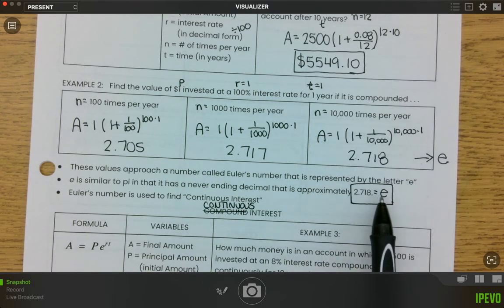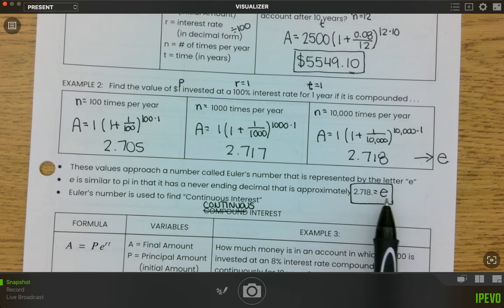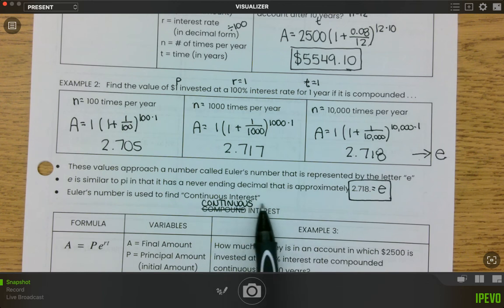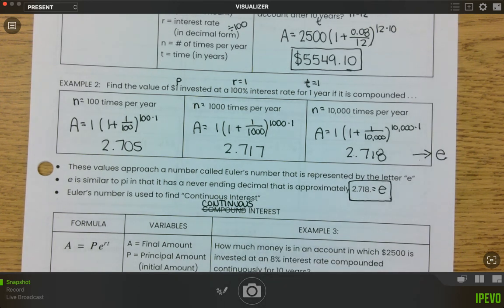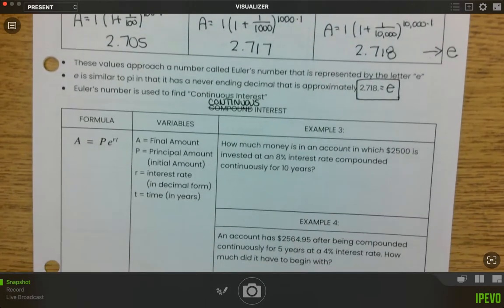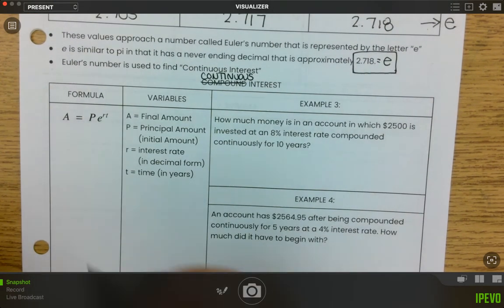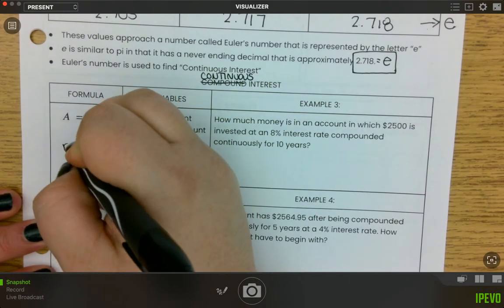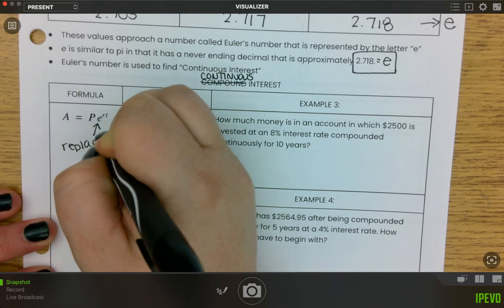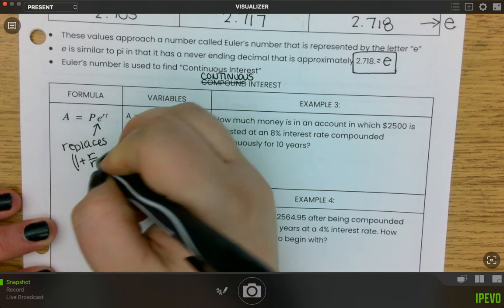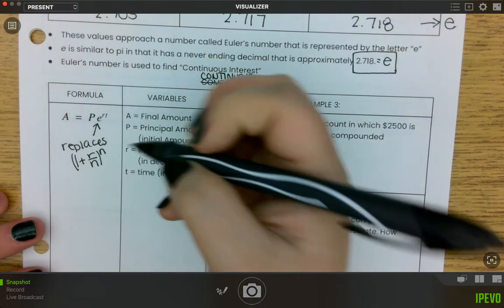So this letter e is a number that we use to find something called continuous interest. And there is a new formula for it. It's right here. It looks kind of like the other one, except this part right here is replacing the (1 + r/n)^n.